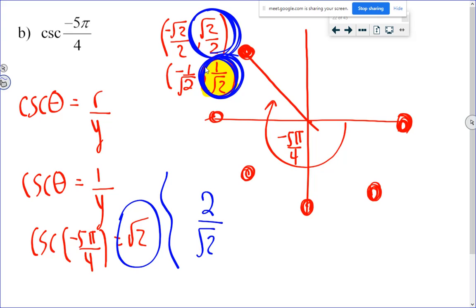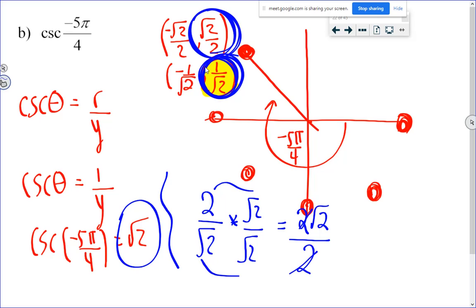And in Math 20, you're taught that you want to rationalize anything with a denominator that has a radical. If I do that, I multiply across the top, Aiden, and get 2 root 2. And when I multiply across the bottom, root 2 times root 2 is 2. So I still end up with root 2 because those 2's cancel. That's a lot of 2's. So you still end up with root 2.